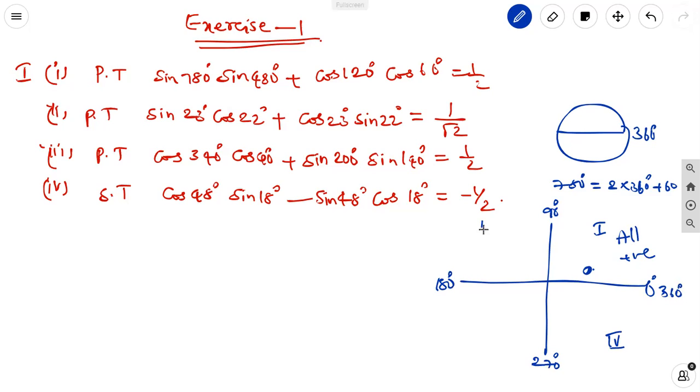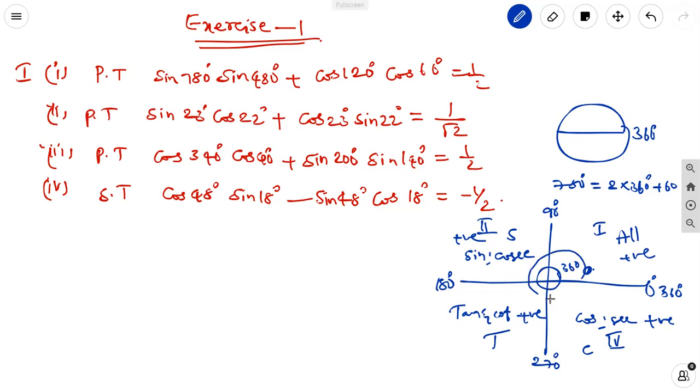In the second quadrant, sine and the reciprocal of sine, cosec, are positive. Tan and cot are positive in the third quadrant. Cos and sec are positive in the fourth quadrant. We remember this.